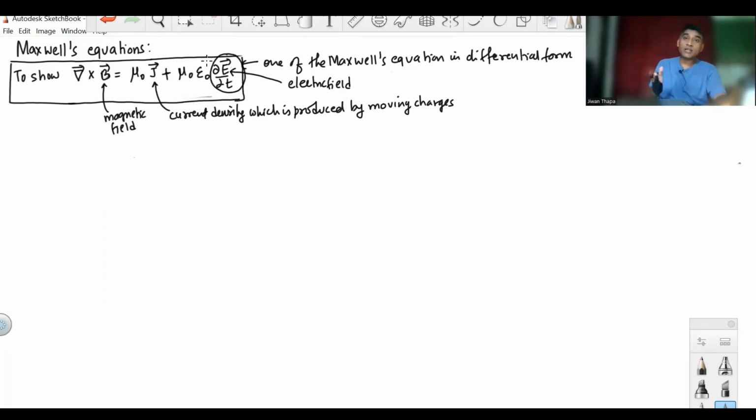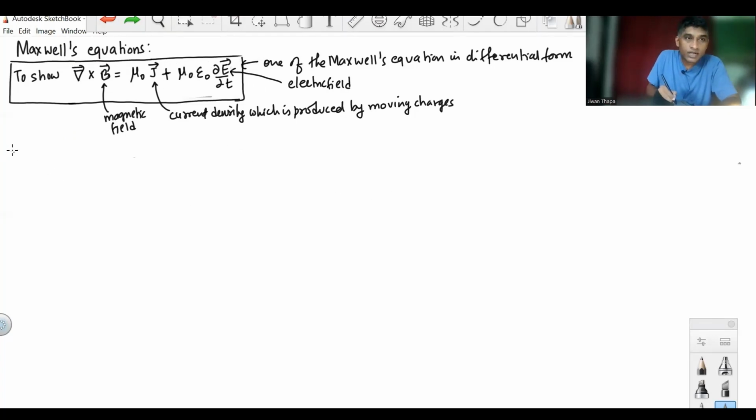So we know current carrying conductor produces magnetic field. So in addition to current, which produces magnetic field, we can also produce magnetic field by varying electric field. Okay, so we find this. Now, in order to show this relation or equation, we use Ampere's law.